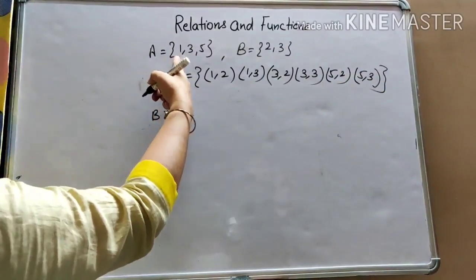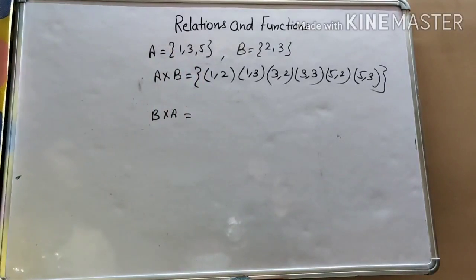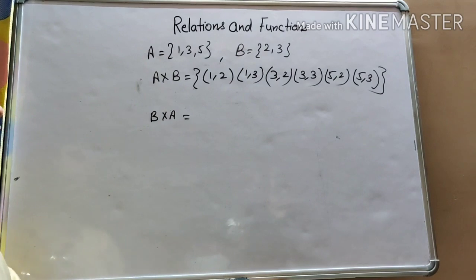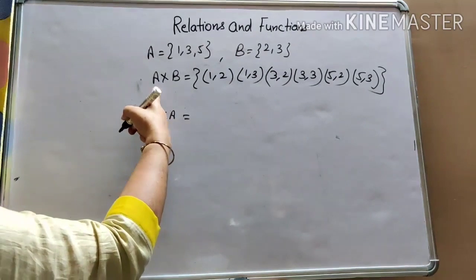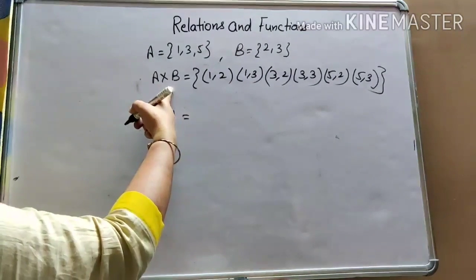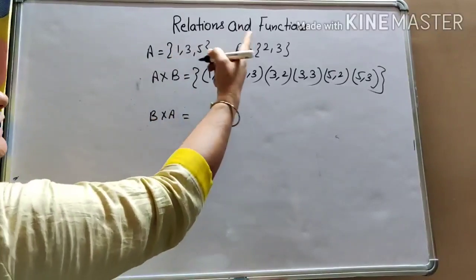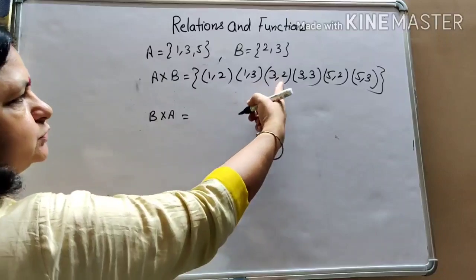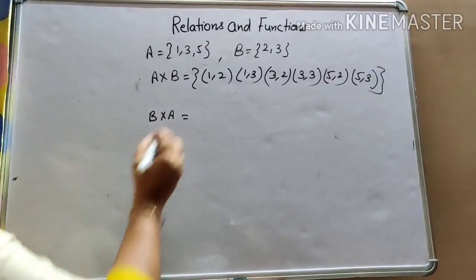Now the number of elements in set A is 3 and in set B is 2. It means the number of elements in the Cartesian product of A and B will be 3 times 2, which is 6. Here we have 6 elements: 1, 2, 3, 4, 5 and 6.